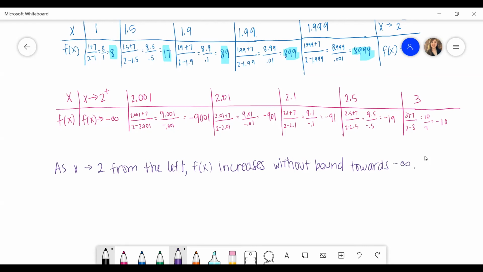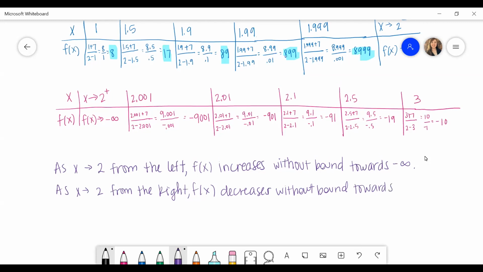And then similar to that, as x approaches 2 from the right, f of x decreases without bound towards just infinity. And you could put positive infinity. Sometimes we see that notation just to make a distinction.